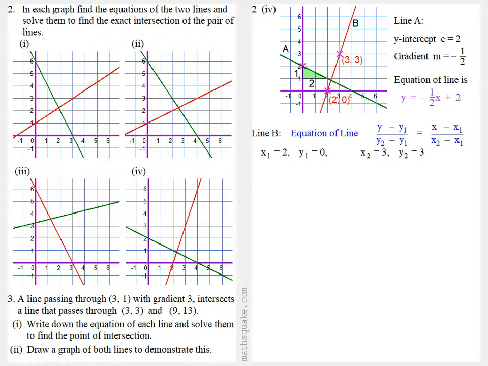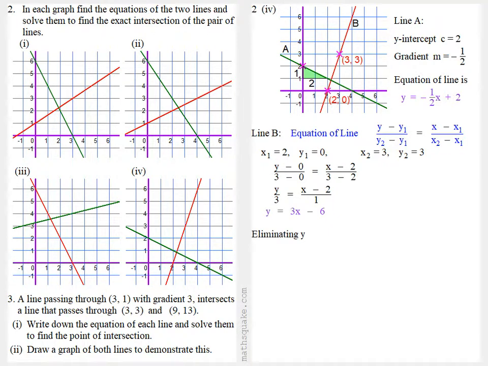So that gives us y minus 0 over 3 minus 0 equals x minus 2 over 3 minus 2. That simplifies to y over 3 equals x minus 2 all over 1. Well, if we multiply both sides by 3, y equals 3x minus 6.